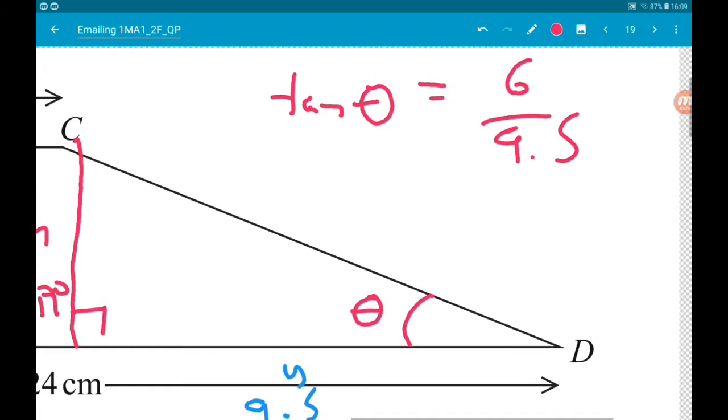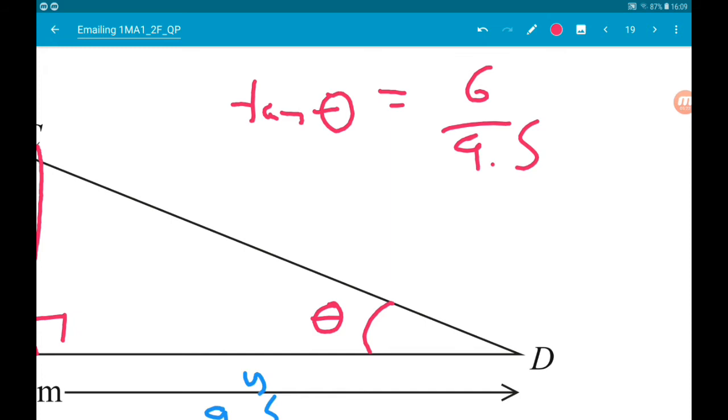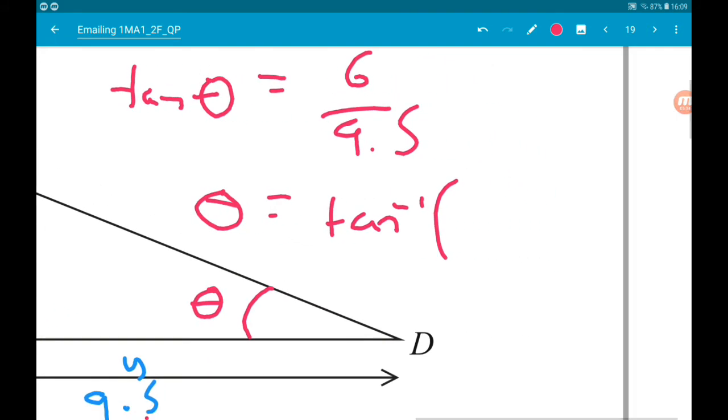6/9.5. So to get the value of theta, we take the inverse tan. So on your calculator, press shift in the top left and then tan, and then work the fraction in 6/9.5, and let's see what we get.